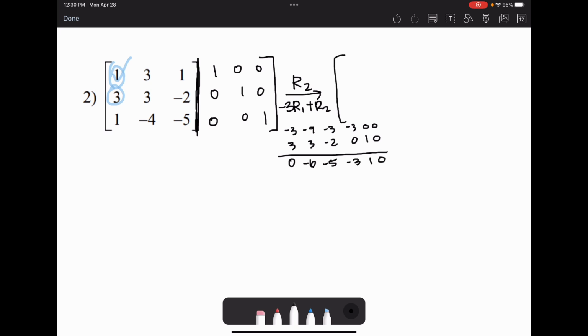So that's what is going to replace row 2. So again, I can just copy in row 1 and row 3 because those didn't change in this step. And row 2 is now 0, -6, -5, -3, 1, 0.